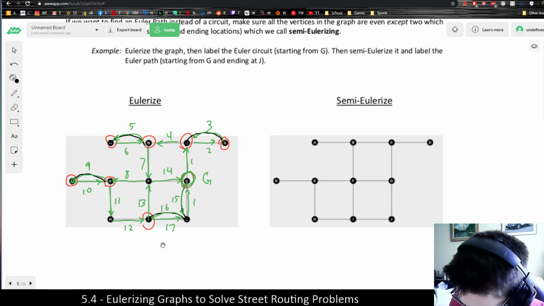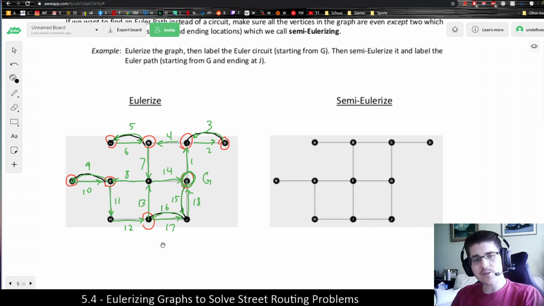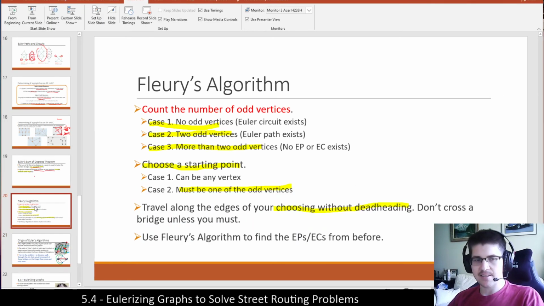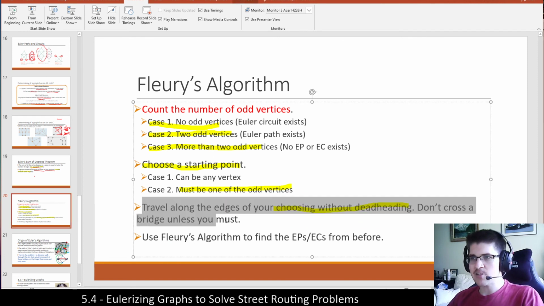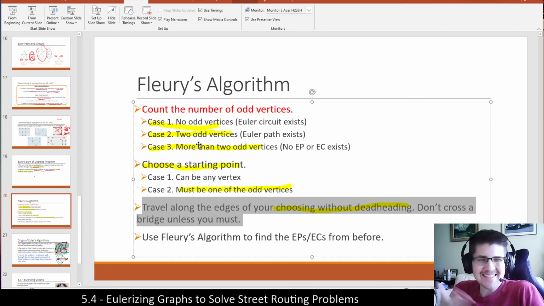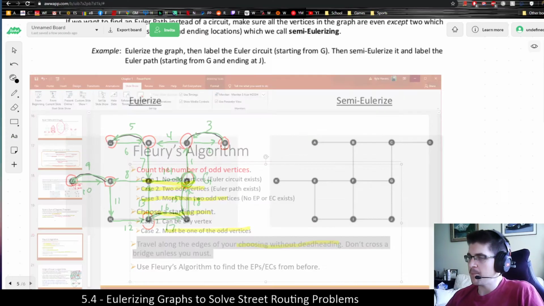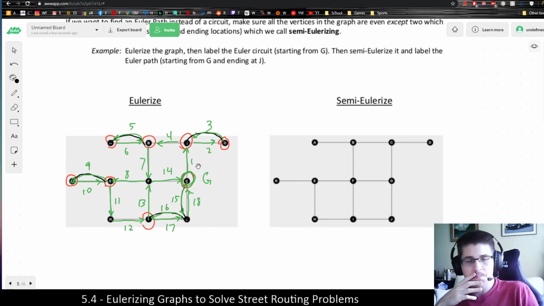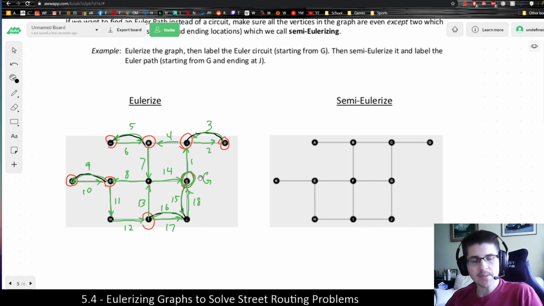And that's kind of why I was saying in the previous video that Fleury's algorithm is not that useful. Because it does tell us what to do, but in terms of actually solving it and doing what I'm explaining in these problems, it says to travel along the edges of your choosing. It's not very helpful in actually determining the step-by-step nature. But basically, I would just practice this a few times and see if you can figure them out on your own.